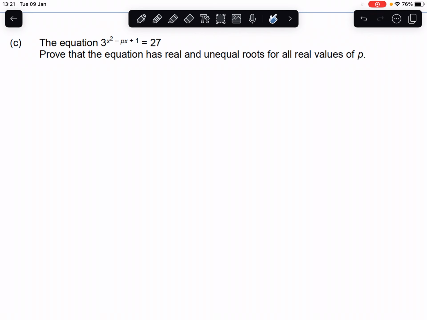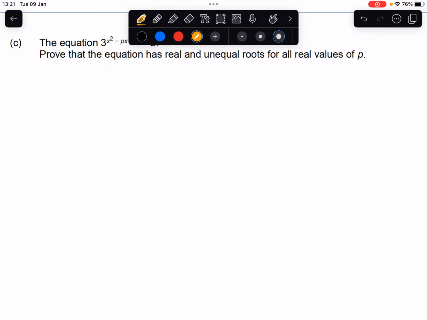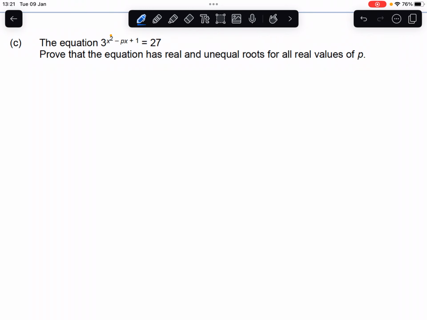I'll talk about what jumped out for me there shortly, but the very first thing that jumped out at me just looking at the equation is that 27 is a power of 3, right? 27 is equal to 3 to the power of 3.